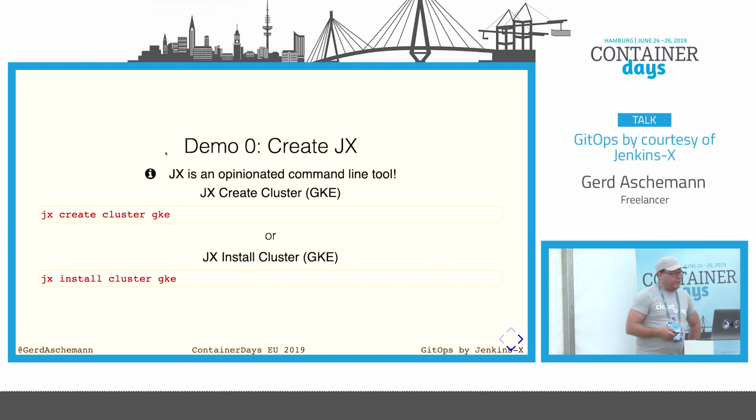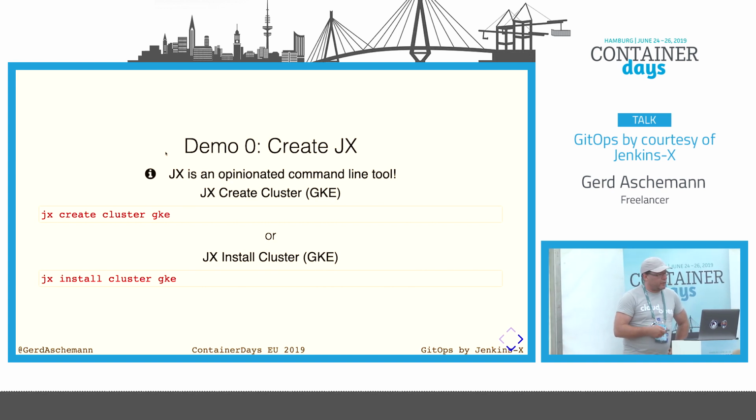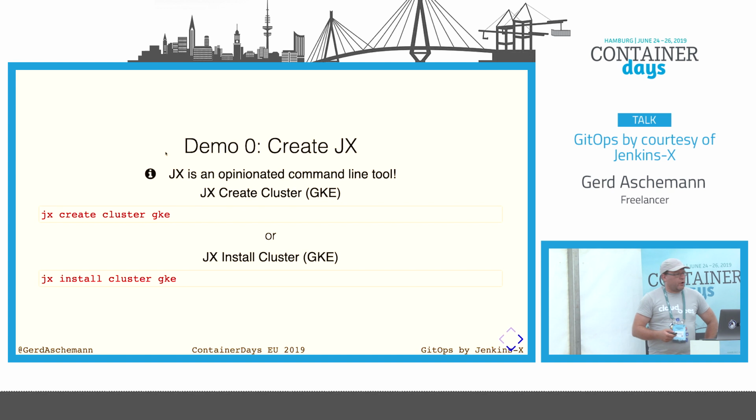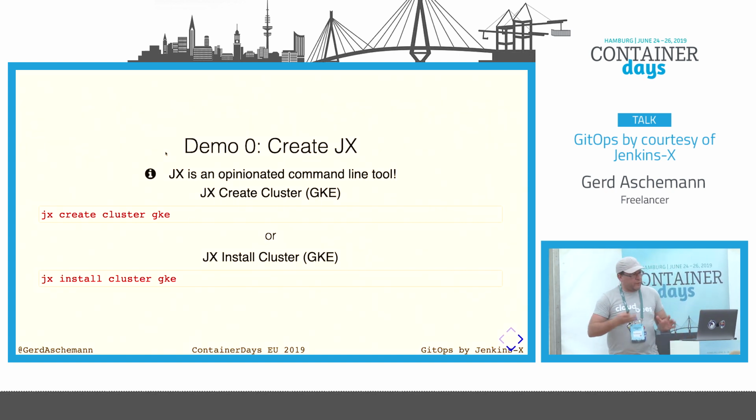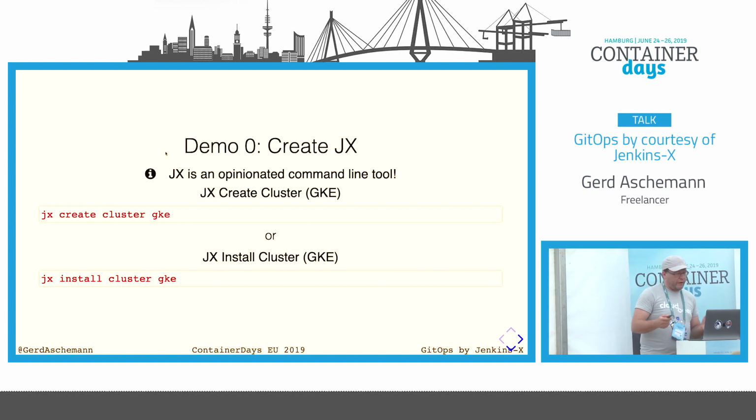I could also have set up the Kubernetes manually or by means of some mechanisms of the Google Cloud Engine, and then I would only call jx install, and it would install Jenkins-X with all components in the Google Cloud environment, in the defined cluster, which is already there. So this is the starting point. Then I have some Jenkins-X running, and now we can see how we will use it as a developer.